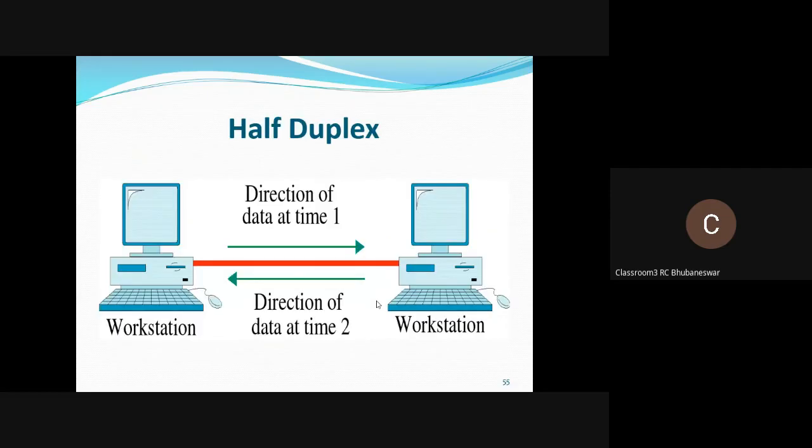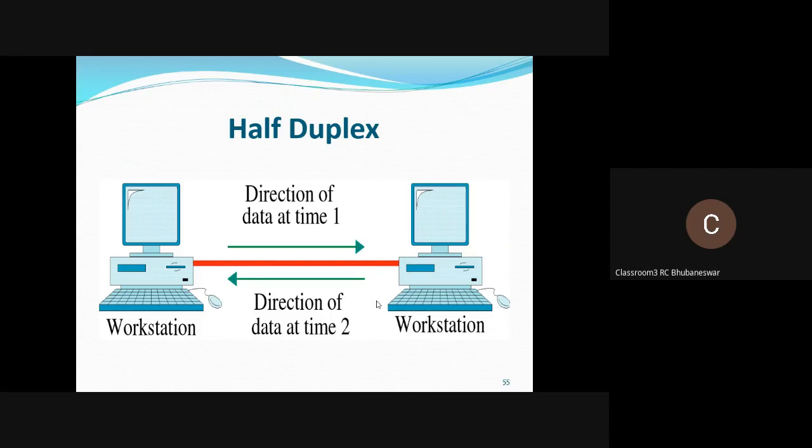Half duplex: at the time T1, maybe one server is transmitting, and at the time T2, the other server is transmitting. You will see the walkie-talkie in some war movie, where someone is using the walkie-talkies, sending some message and saying over.